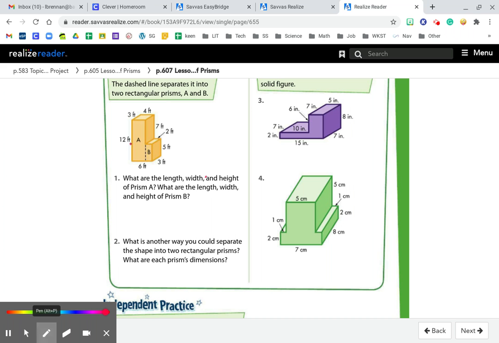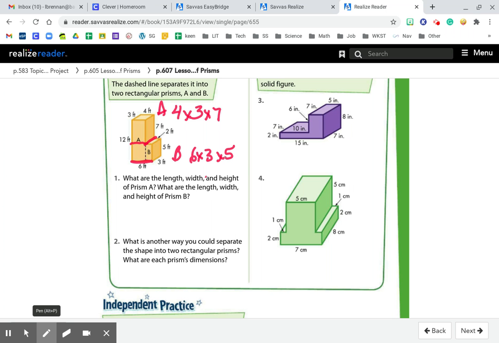So if I chop it off here, the top box A is going to be 4 times 3, looking at opposite sides because I don't know what that measures, times 7. That would be A. And the volume of B would be this tiny, oh no, it's a big one here. Okay, 6 times 3 times 5. So that's how we would divide it the other way.